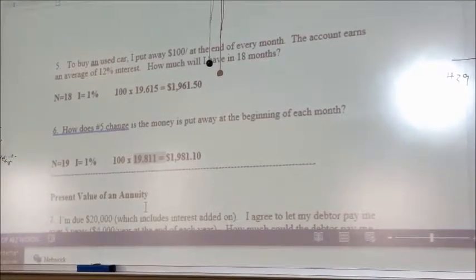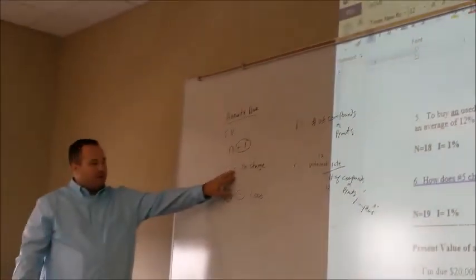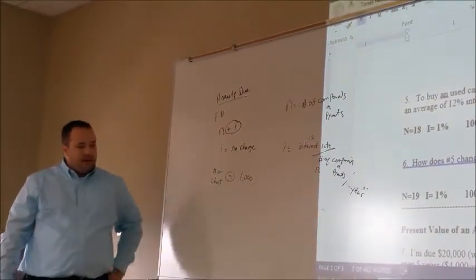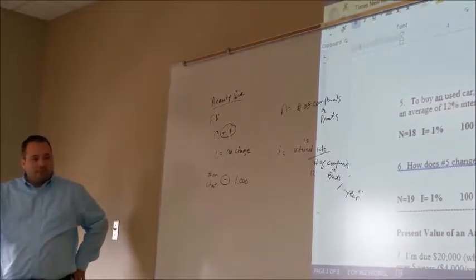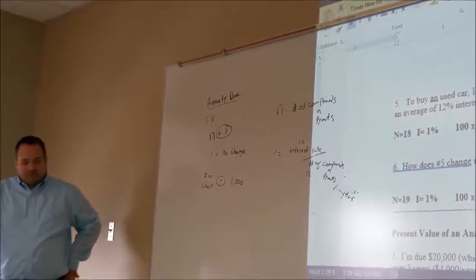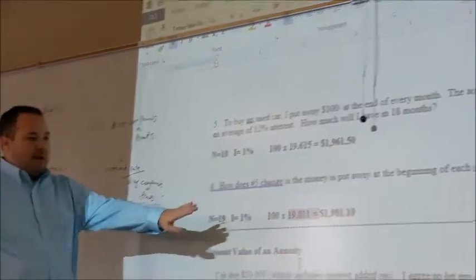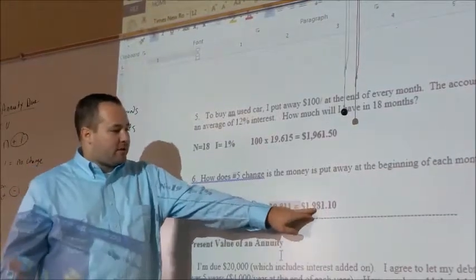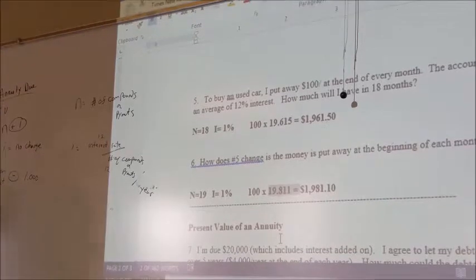And that is now my multiplier. So I added 1 to the N, make it 19. Still I is 1. And then I took 20.811 and took it down 1. You always should have more money put away if you put at the beginning instead of the end, because you're earning interest faster.